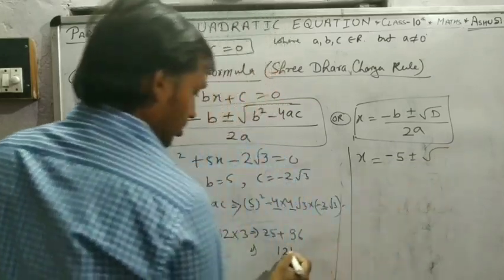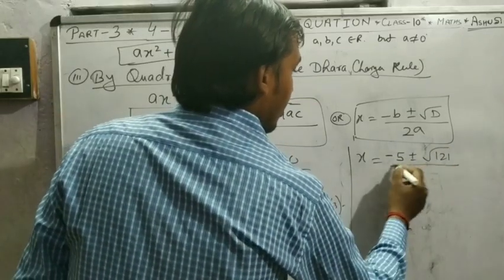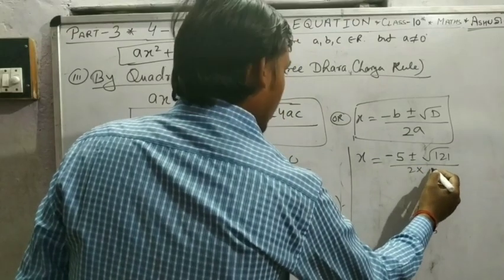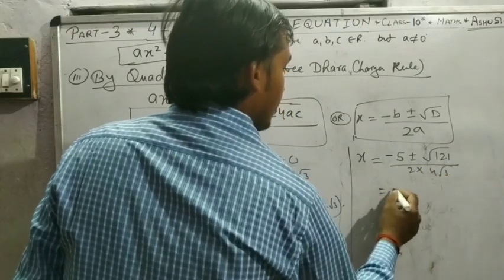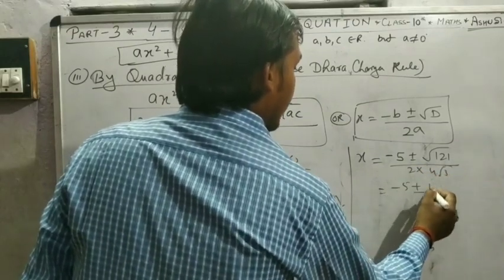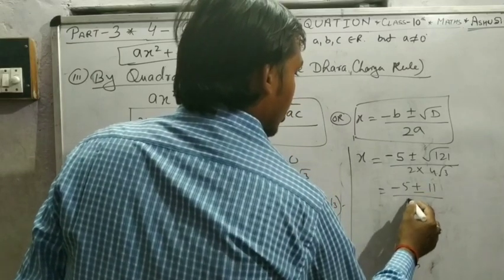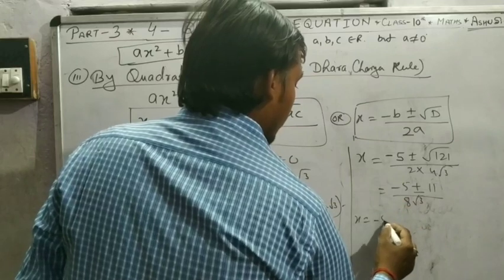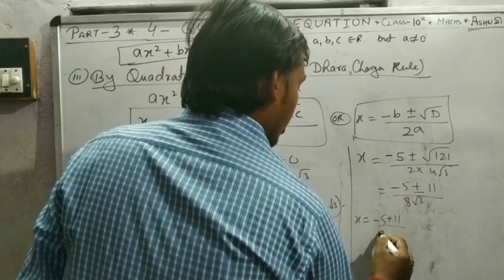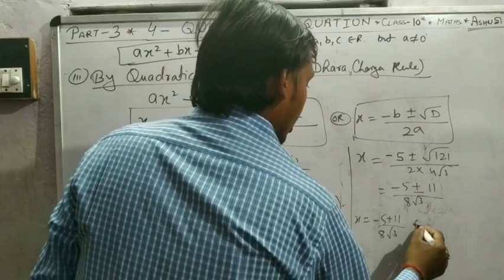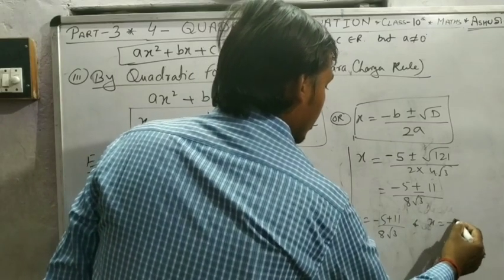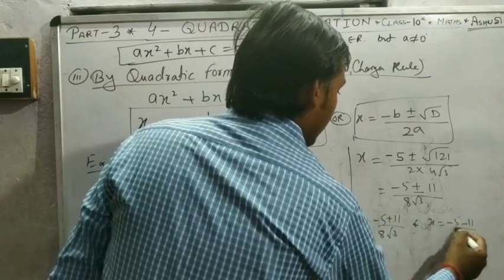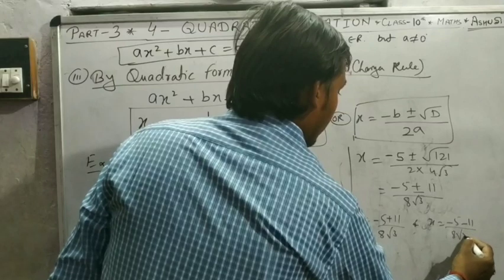Plus minus root 121, 2 into 4 root 3, minus 5 plus minus 11 upon 8 root 3, x is equal to minus 5 plus 11 upon 8 root 3, and x is equal to minus 5 minus 11 upon 8 root 3.